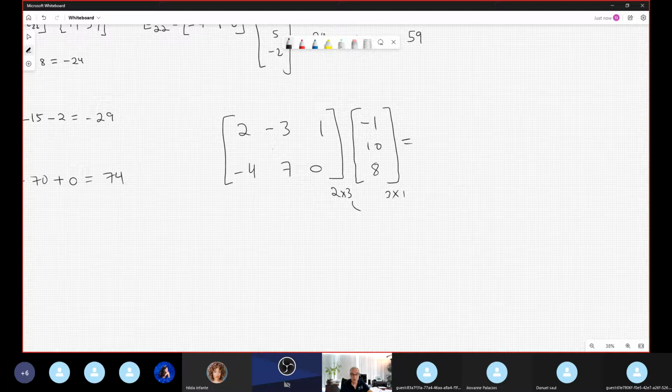Oh yes, look at that, 3 matching. Now you expect the matrix to be 2 by 1, E11 and E21. So it's my first column.